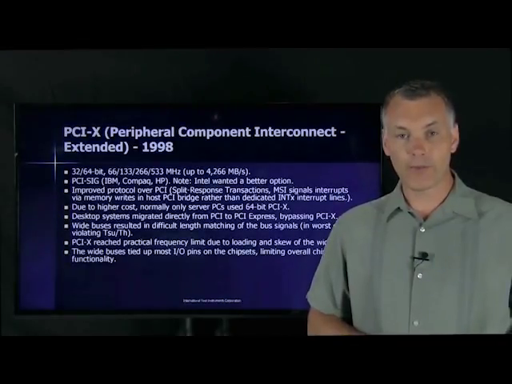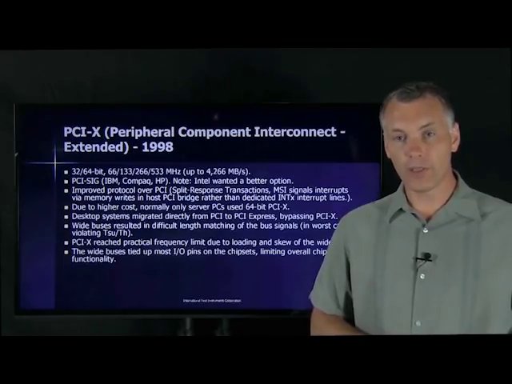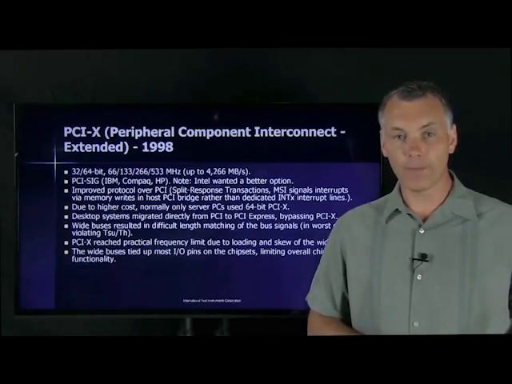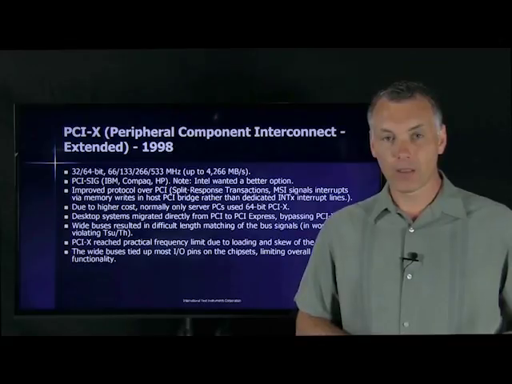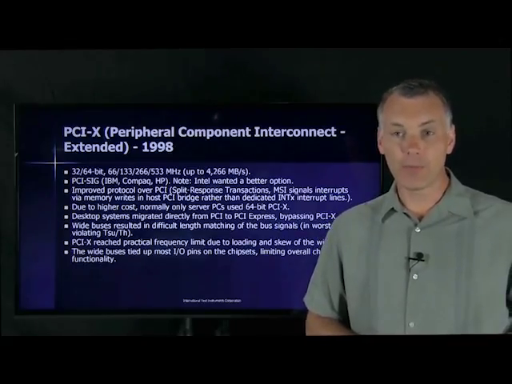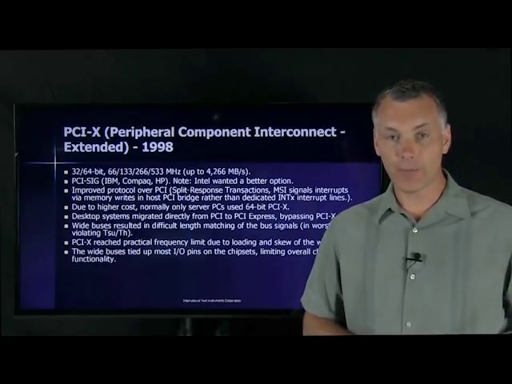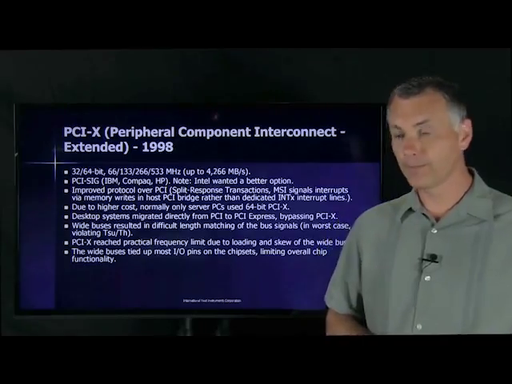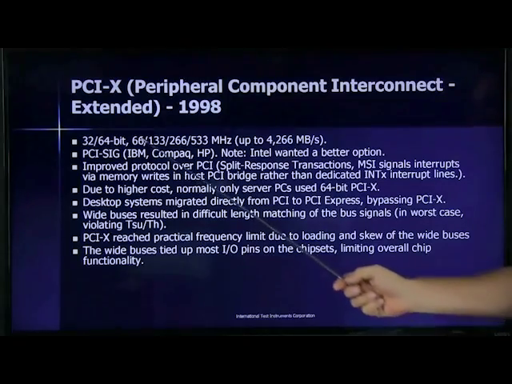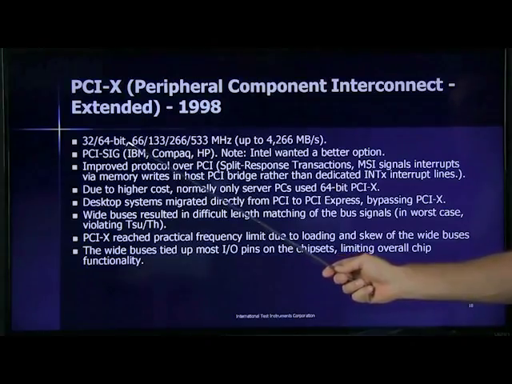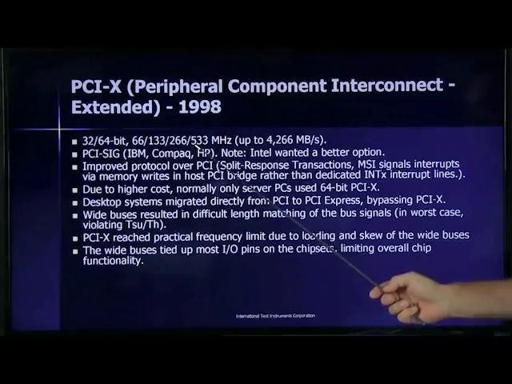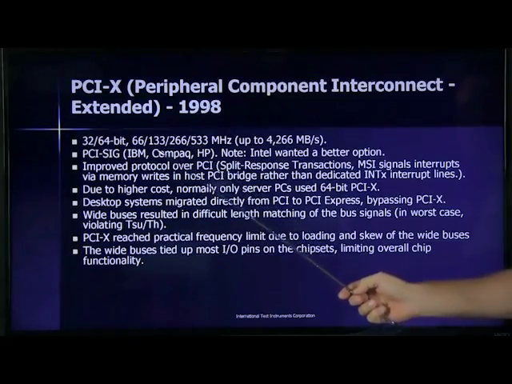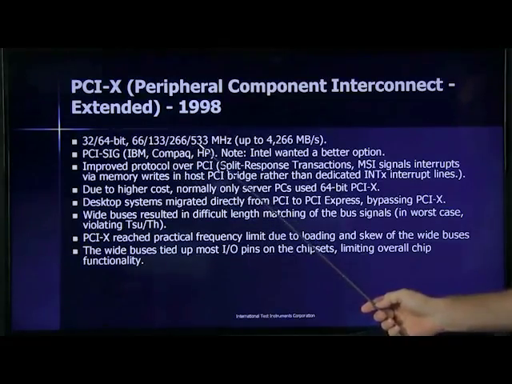After about 6 years of use of the PCI bus, the extended PCI or PCI-X specification was released. And I will spell out some features of the PCI-X bus in this slide. The main performance improvement made in the PCI-X bus was that the clock frequency was increased from 66 to 533 megahertz.